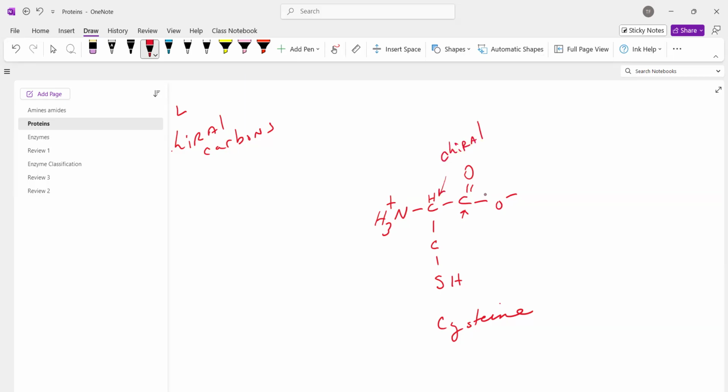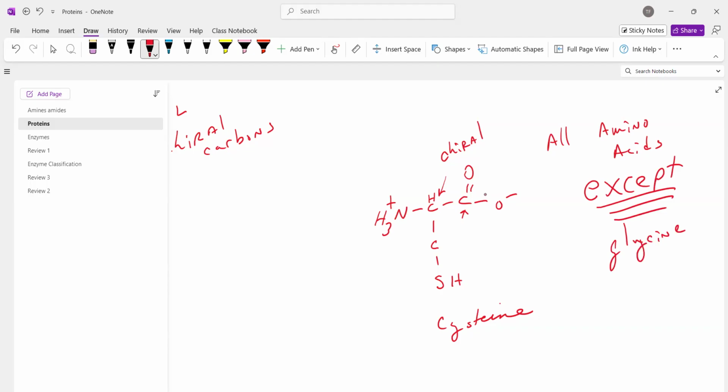There's an H, NH3, CO, and so on, and then we have this group down here. So all amino acids except glycine are chiral, which means they are D or L.